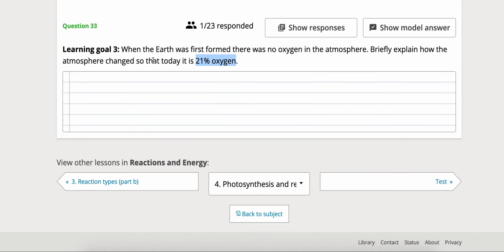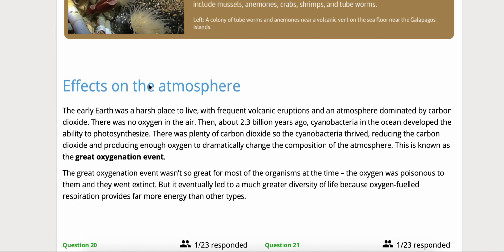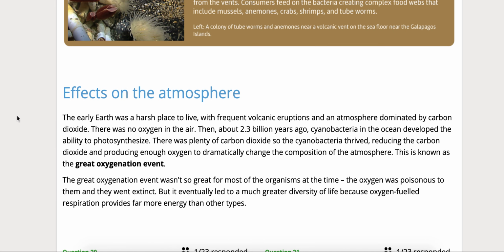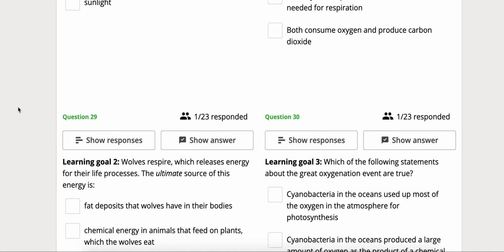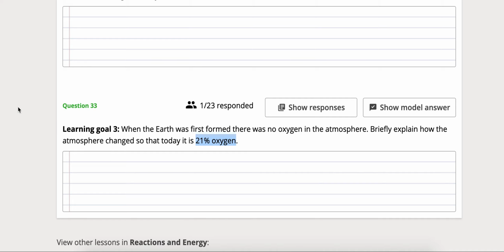So once again with question 33, take a look at this paragraph here to assist with your response, but please don't just rely on what is here with your response. So adding more detail to your written responses will provide you with a comprehensive list of notes that you can refer to in the future.